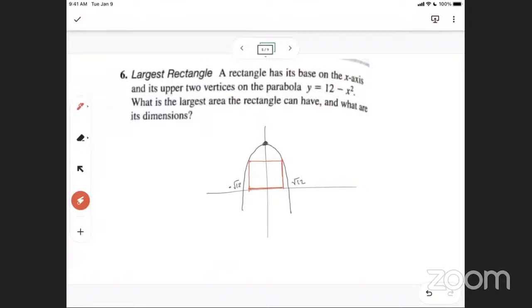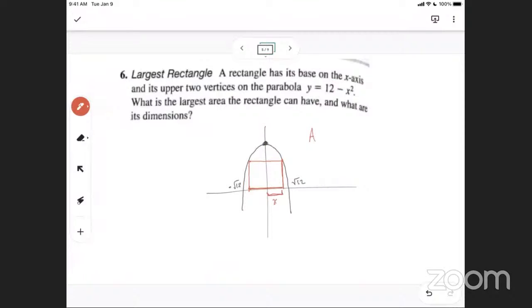Okay, so it says, what is the area of the rectangle? So what we're going to try to do is write the area of this rectangle in terms of x and y. So the first thing, let's call this x right here. We're not going to call the full thing x. We're just going to call the bottom part x, or just half of it x.